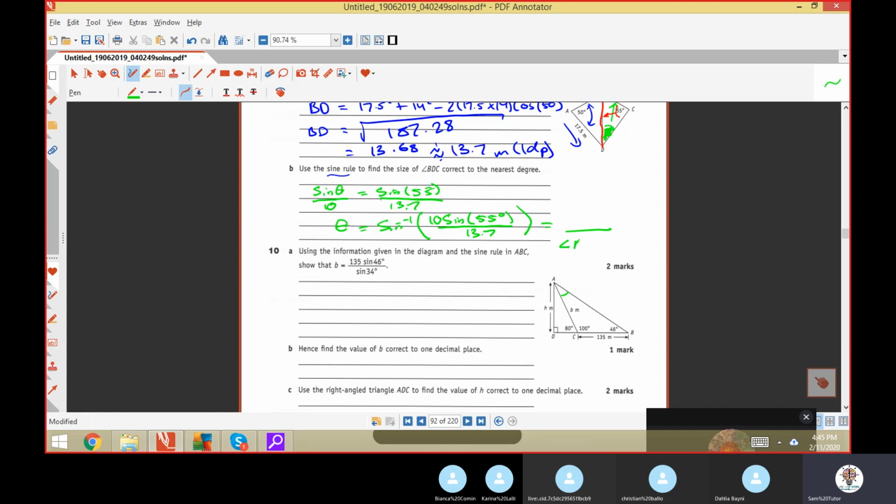So angle BAC equals 180, subtract 100, subtract 46.